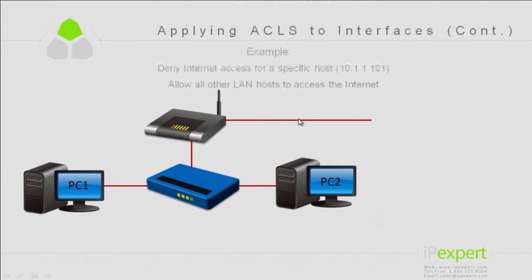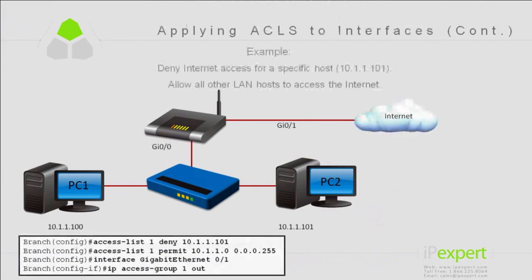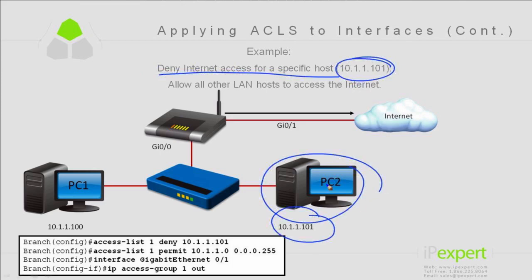So let's return to the scenario we have here, where I want to deny access for a specific host. In other words, I do not want the IP address 10.1.1.101, PC2, to have access to the internet. I want all the other devices to have access, but I want to block any information sourced from 10.1.1.101.